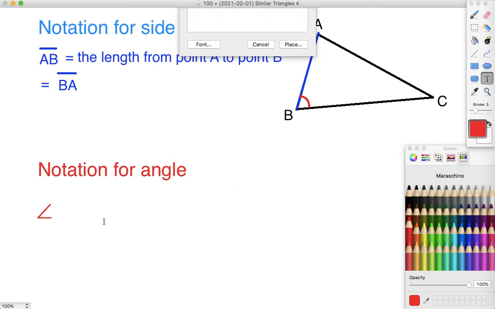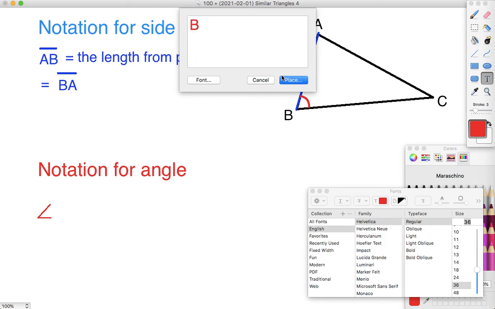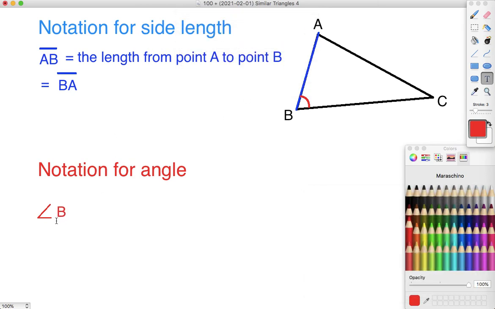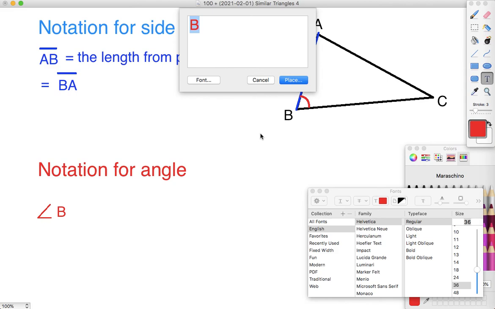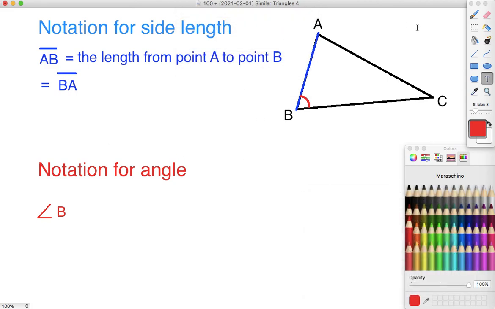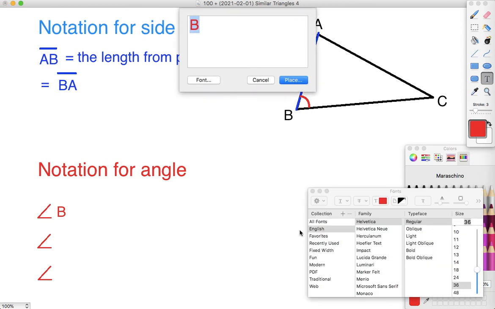I can write this as angle B, or I can write this as angle ABC.